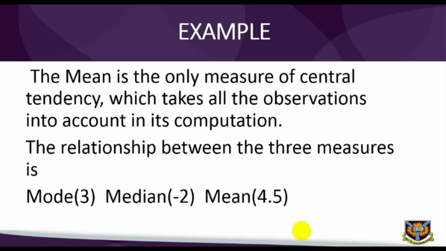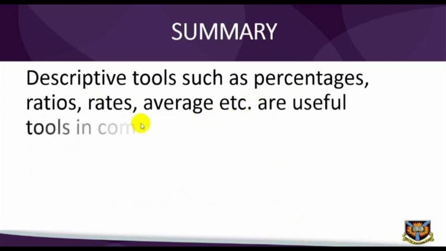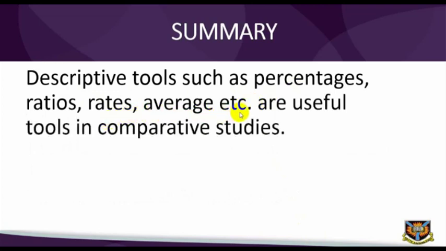4.5 Summary. Descriptive tools such as percentages, ratios, rates, averages, etc. are useful tools in comparative studies. The crime levels of two countries can be compared when they are expressed as a rate per thousand of the population.